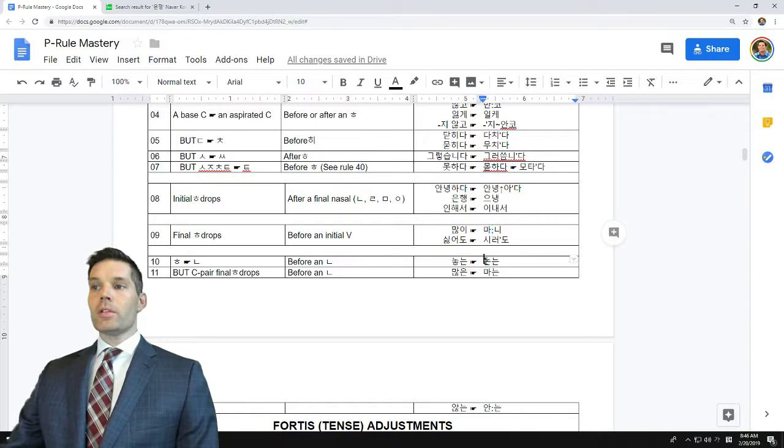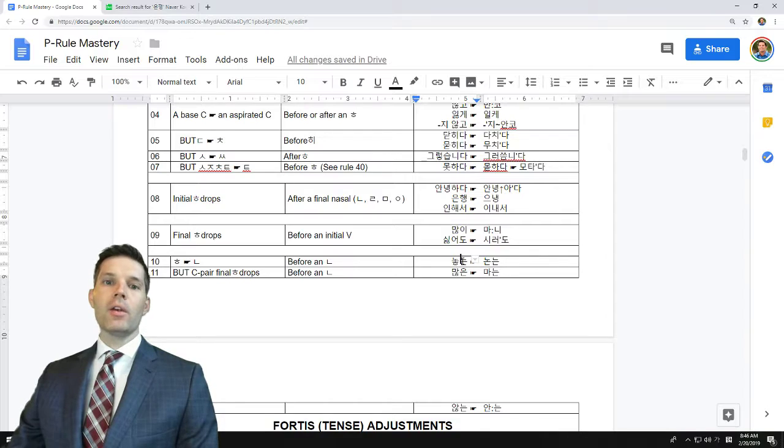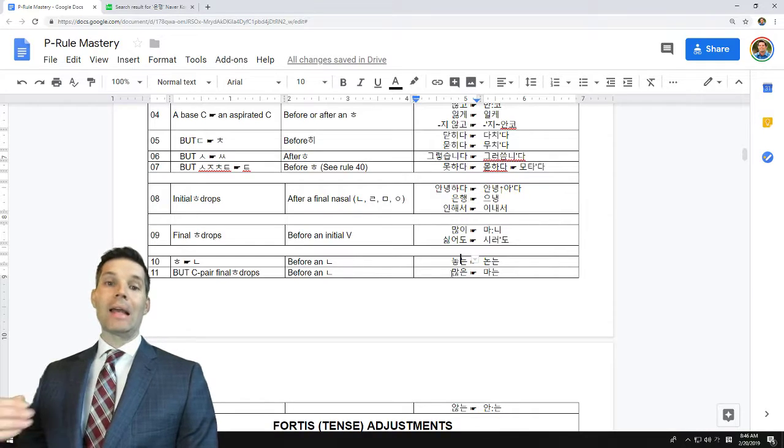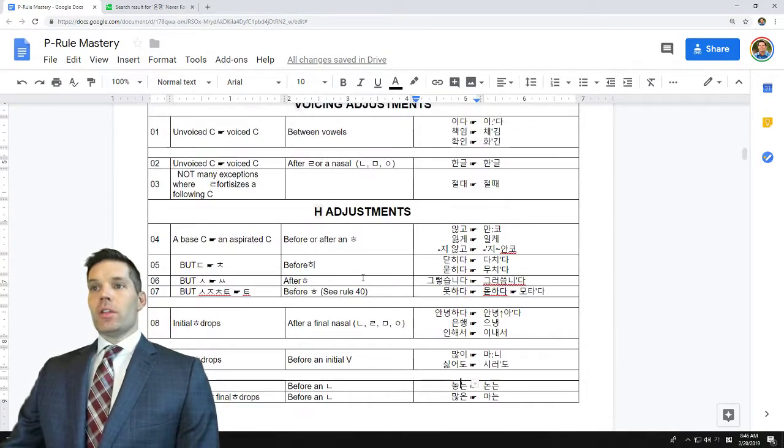This is really important to note because we hear a lot of American missionaries saying just 놓는, but a Korean would have a really hard time understanding that, kind of like 있는, when you do have the double N. So here the H sound is replaced with an N, 놓는, or if there's just an 이응 up here, then it's going to be 많은, right? So 많은 사람들이 versus 놓는 것입니다, right? So those are the H adjustments.